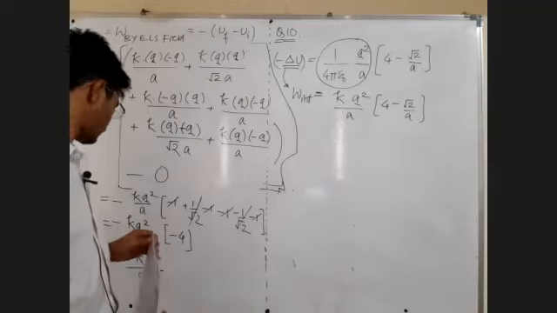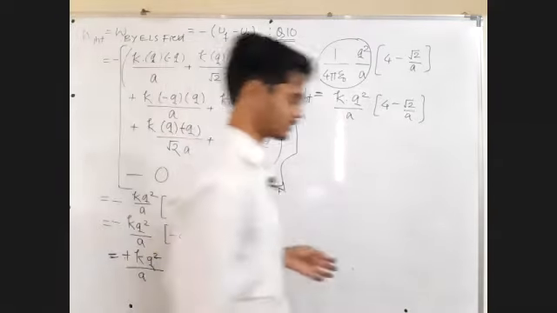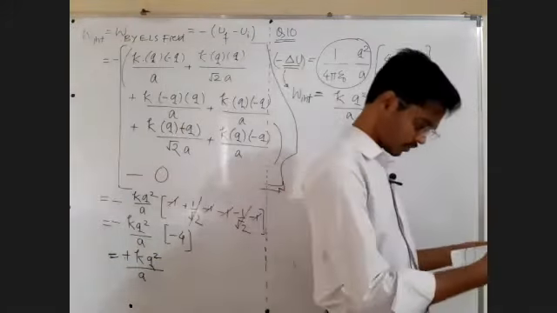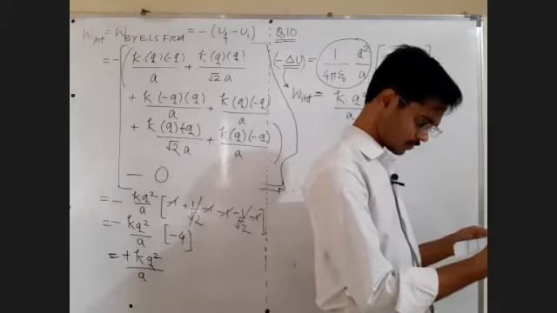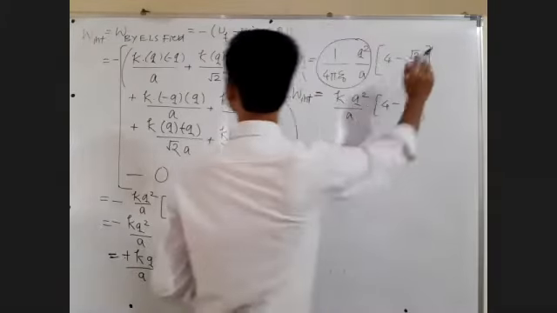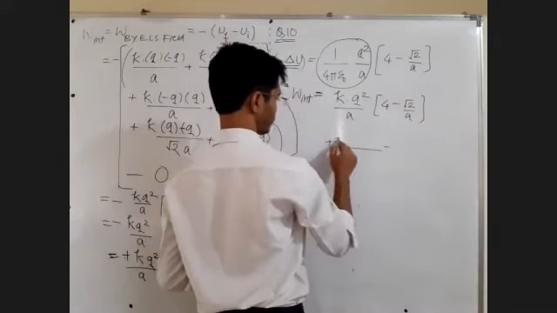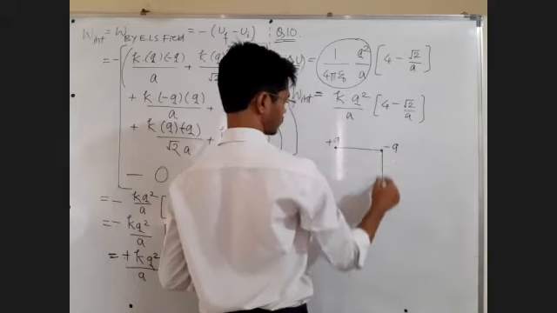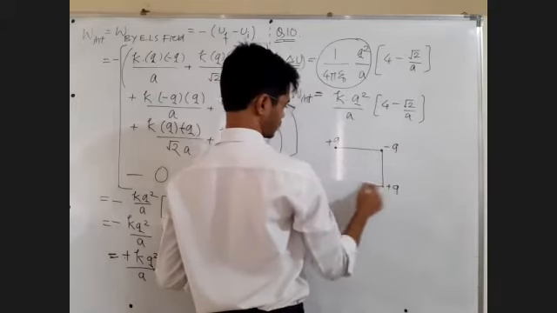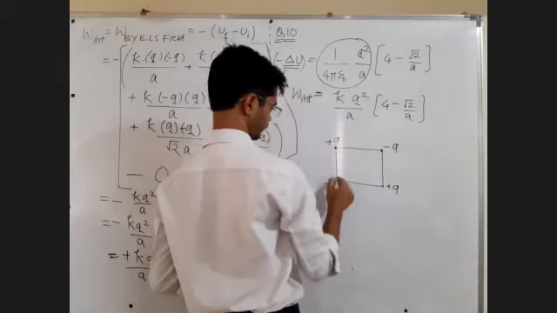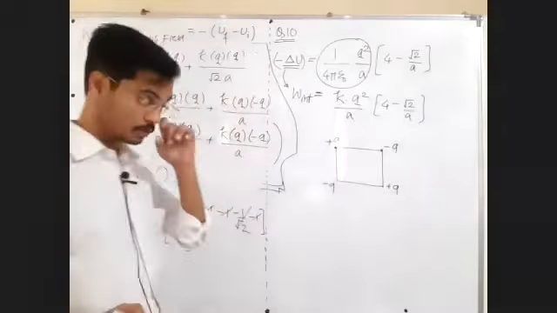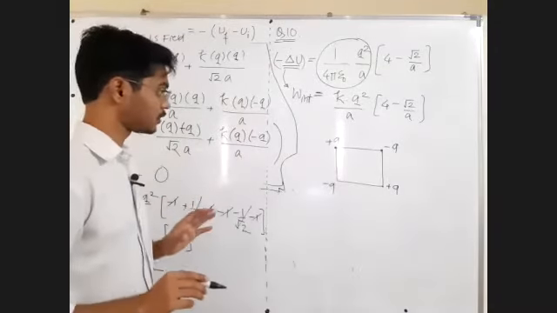It's not getting cancelled here. See, the arrangement of charges is this: plus, minus, plus, minus, plus, minus, plus, minus. Okay, you people tell me, you are also doing calculation along with me.